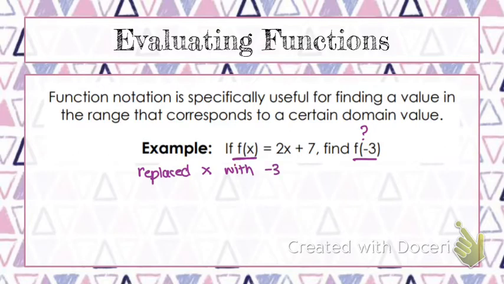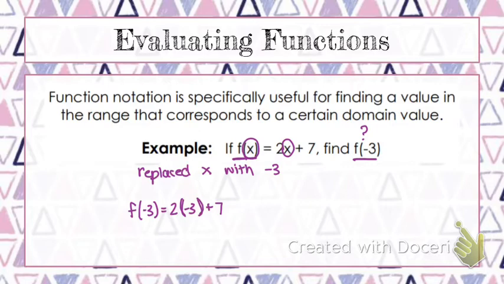So if we replaced x with negative 3 here, then we also need to replace x with negative 3 here. So f of negative 3 equals 2 times negative 3 plus 7. And I've told you this before, but anytime you're substituting things in for variables, always put parentheses where the variable was so that you can be 100% sure that you do all the right steps.